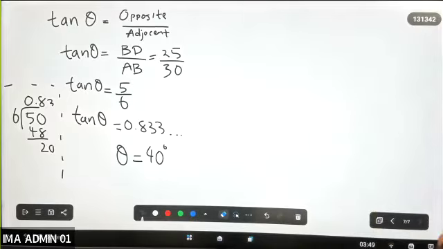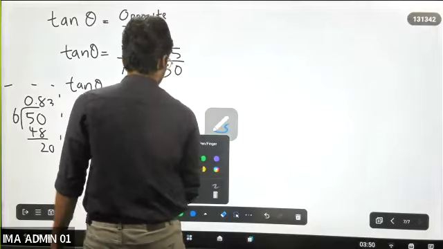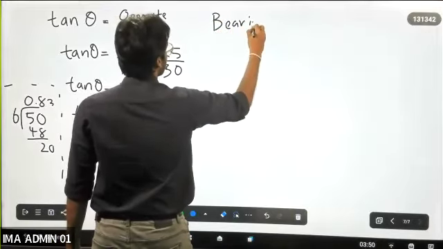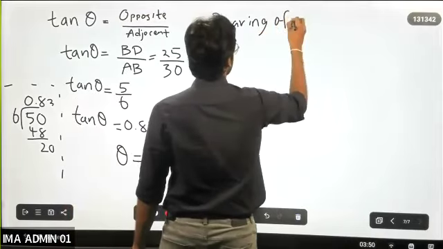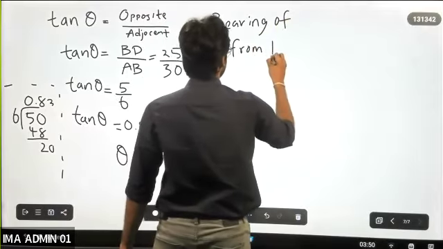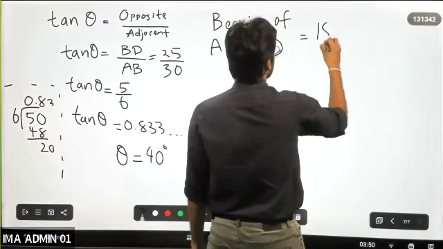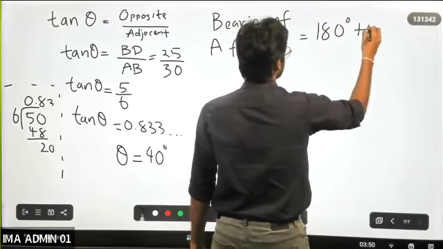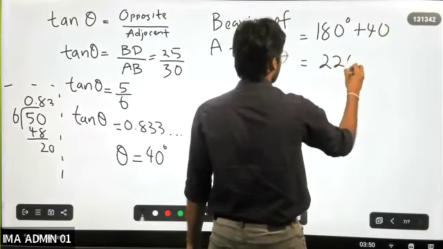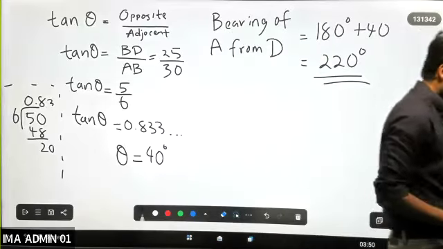Bearing of A from D is equal to 180 plus 40, which is 220 degrees. So that's the answer for it.